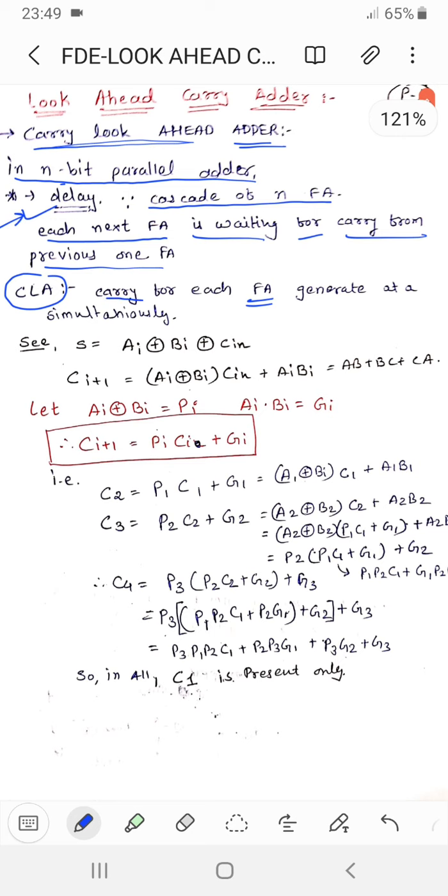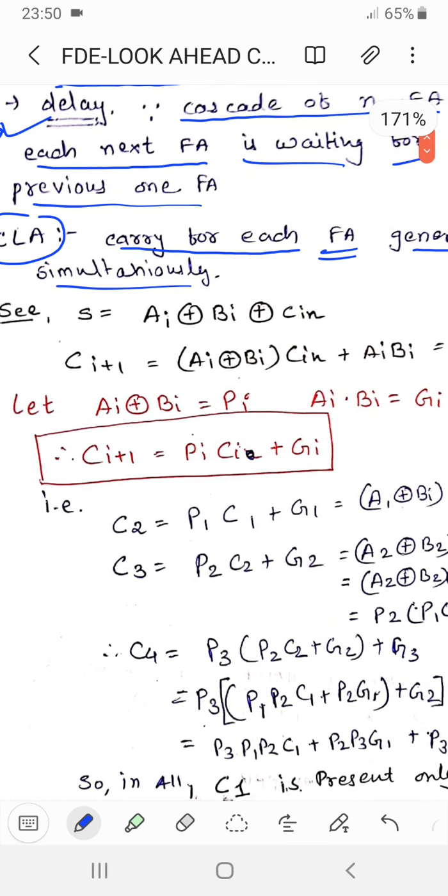The carry for each full adder is generated simultaneously. So there is no waiting for the carry out of the previous full adder stage.